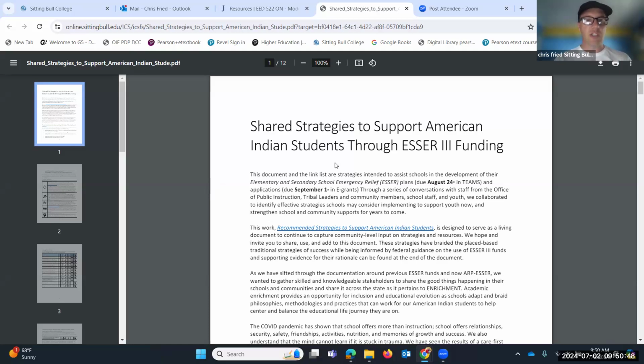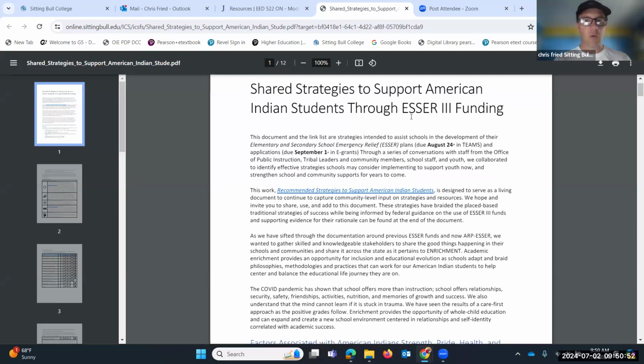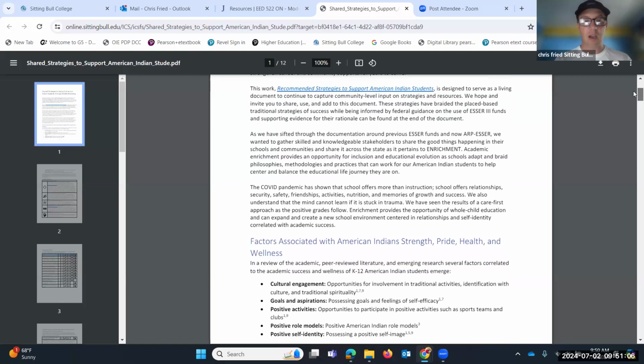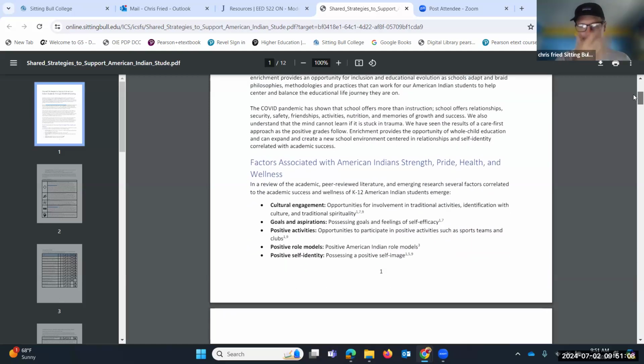Again, shared strategies to support American Indian students. This is kind of interesting. Through ESSER 3 funding, you may or may not know that ESSER 3 is some of that COVID funding that all schools got, and all that money needs to be spent by the end of September.